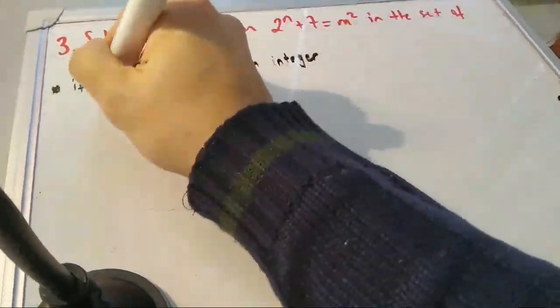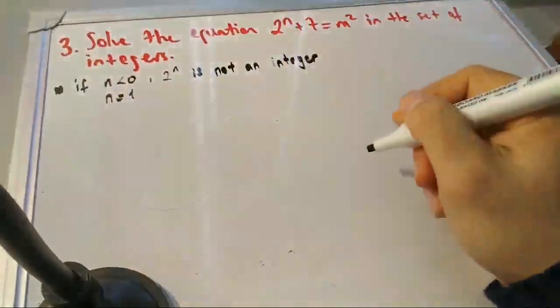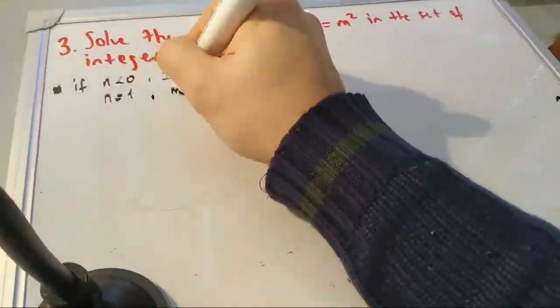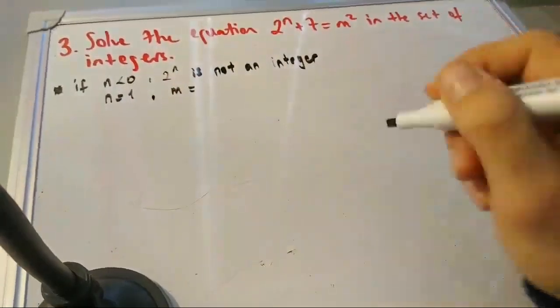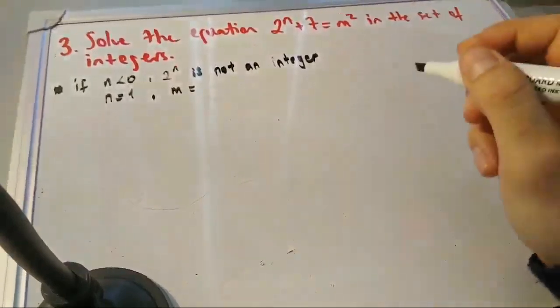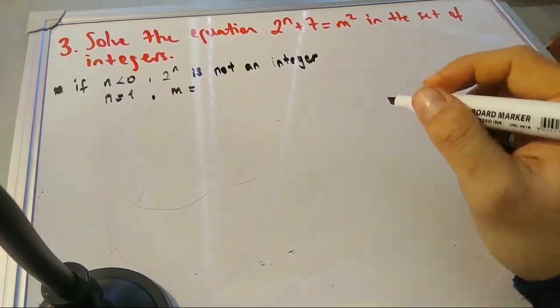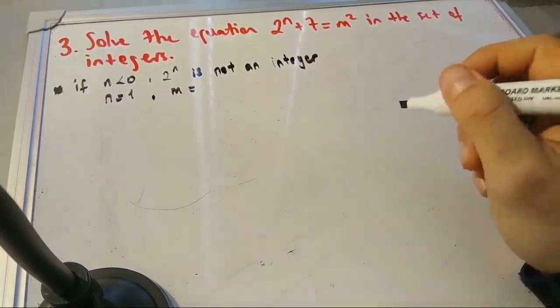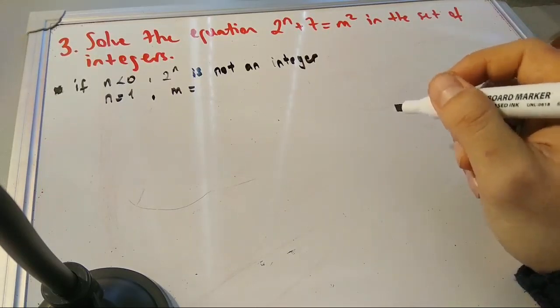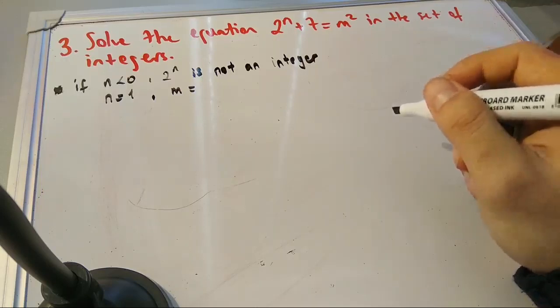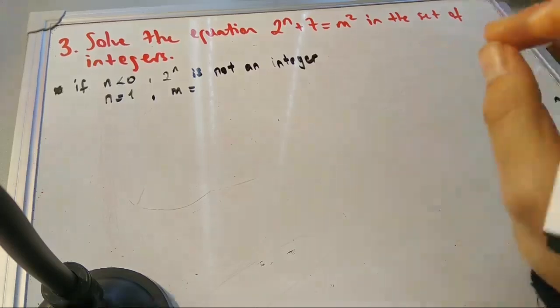For n is 1, what is the value of m? Tell me. Not m squared, m.